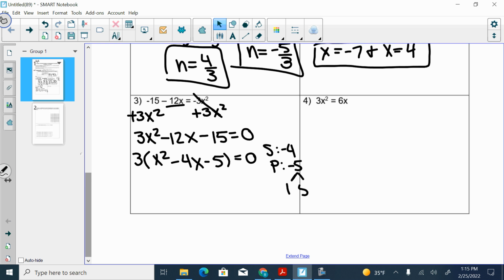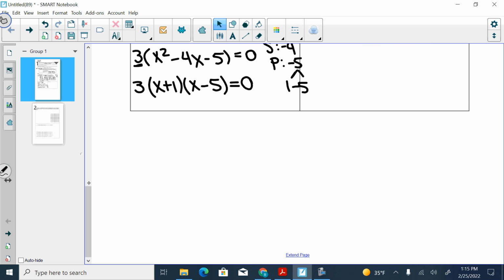And one of those has to be a negative. Which one? The 5. Very good. All right. Okay, so don't forget we had our GCF of 3, so I put that down first. Times, I'll have x plus 1 and x minus 5. Okay, we factored it. What do we need to do now?